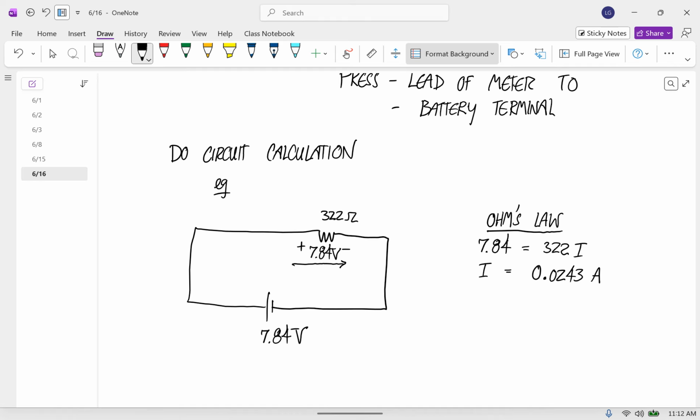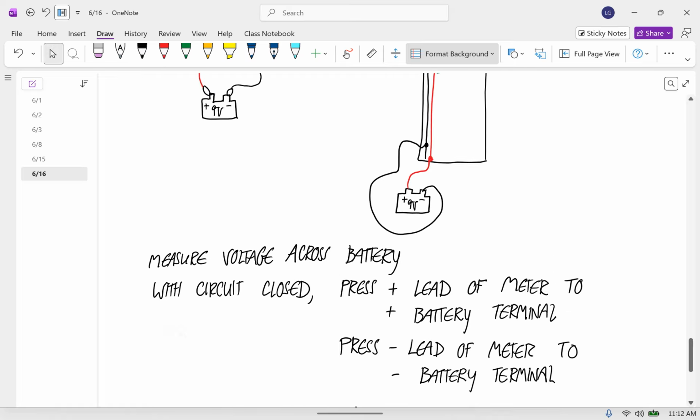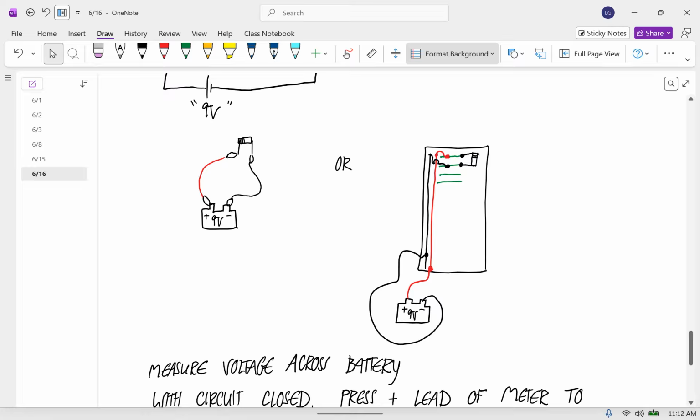So now what we've done is make predictions about what we expect to see when we measure the voltage across that resistor and the current through that resistor. So now take your meter and press the leads so you still have that circuit intact running.